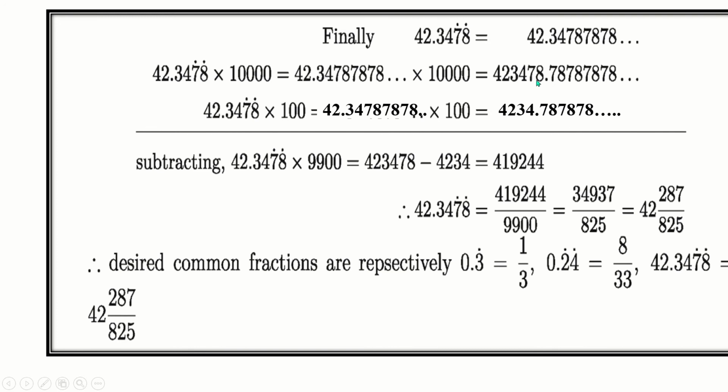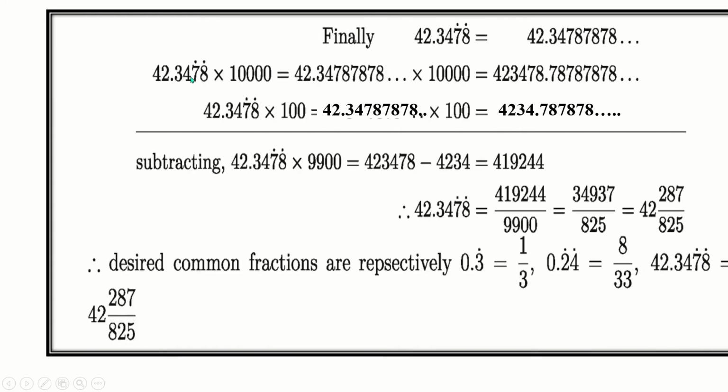Now this minus this. That means this part is fixed, this part is fixed, and this minus this will give 9900. Follow properly everyone. This minus this will give this part.